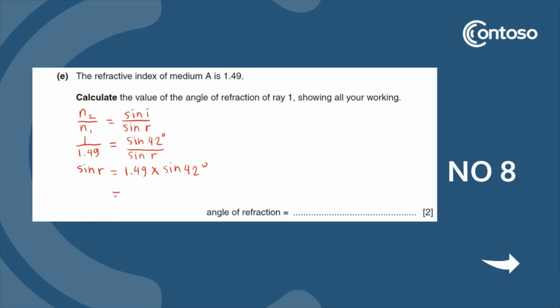This equals 0.997. r equals the inverse of sin 0.997. This equals 86 degrees, a rounded-off number. So the angle of refraction equals 86 degrees.